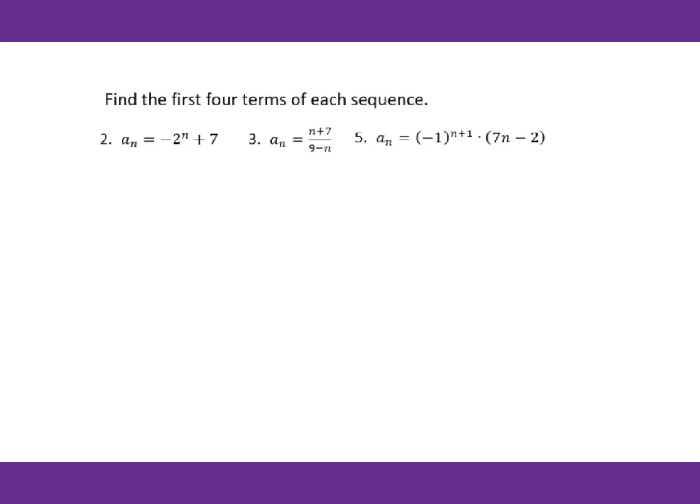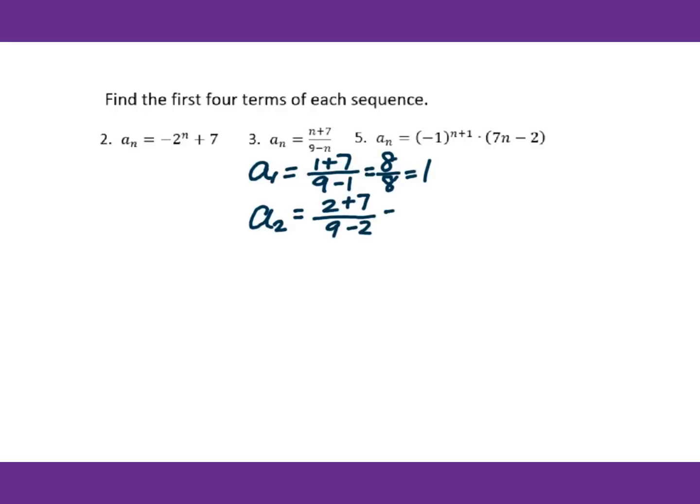For number 3, we just plug 1, 2, 3, 4 in for this n. We get a sub 1 equals 1 plus 7 over 9 minus 1. You get 8 over 8, which equals 1. A sub 2, that means the second term, equals 2 plus 7 over 9 minus 2, which equals 9 over 7.